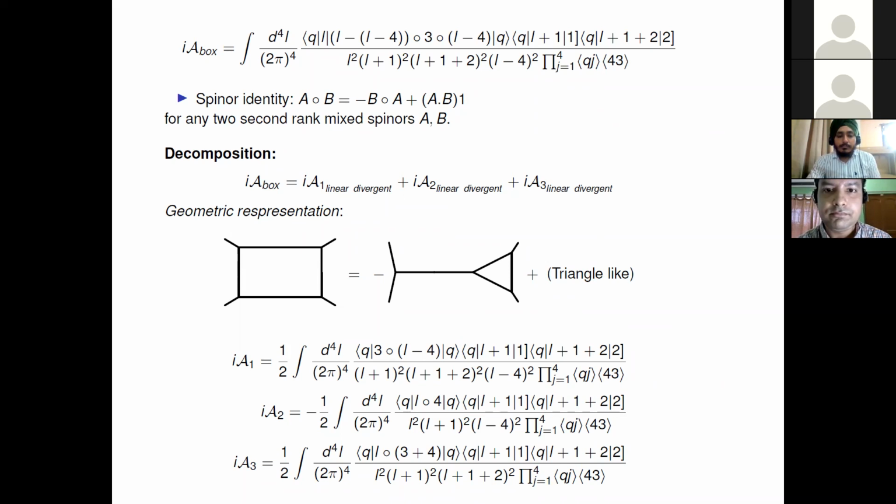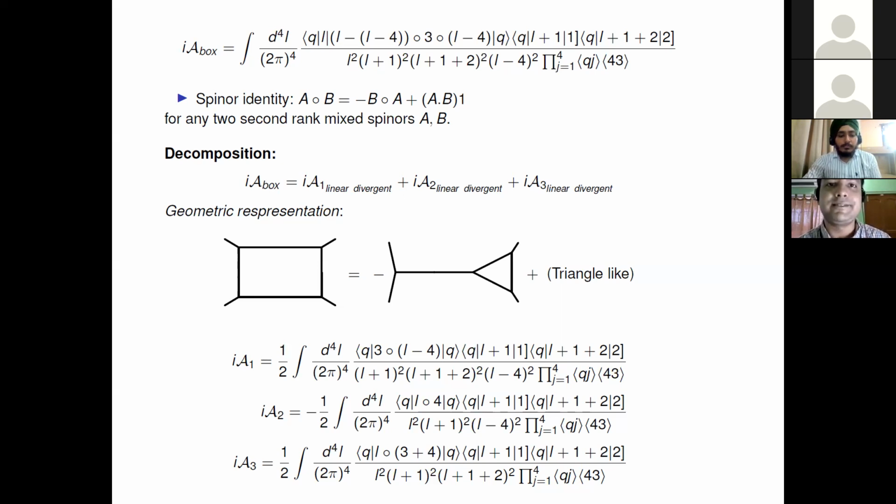I'm not sure, but at least in the example that you have taken, all the particles are massless. But you know that in general, there are generalizations of spinor techniques for massive fermions. Yeah. For massive fermions, one can use the method of generalized unitarity to extract the rational parts of the amplitudes.